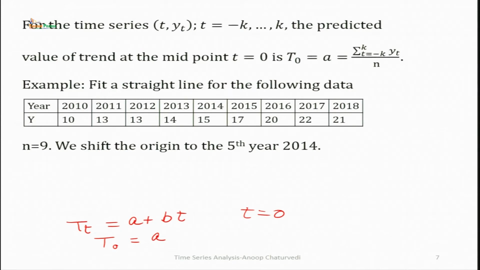We have data from years 2010 to 2018 and the corresponding values of y are also given here. So, in all you have 9 observations, n is equal to 9. The mid observation is the 5th observation, which is 2014, this one.